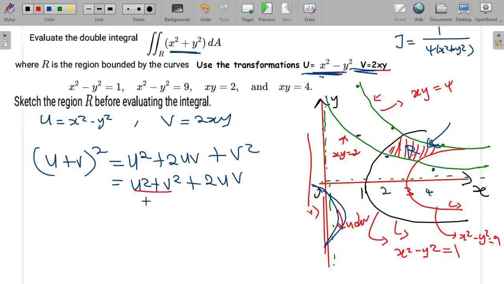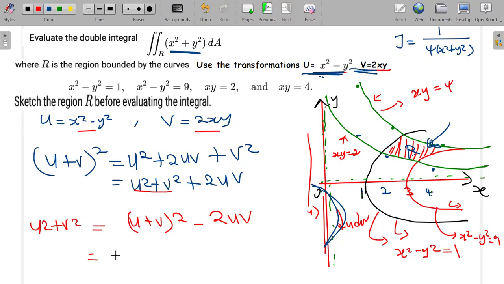Okay, so let's make this the subject of a formula. When we make u squared plus v squared the subject, it means I have (u plus v) squared minus 2uv. That's what I have. Okay, so now let's replace the ones on the right hand side with their values in terms of x and y.